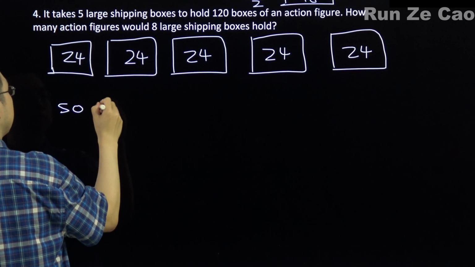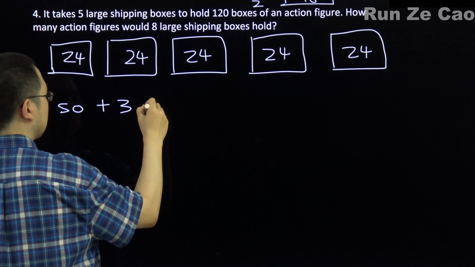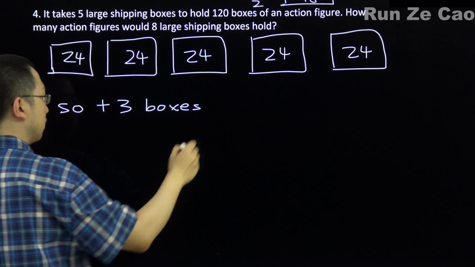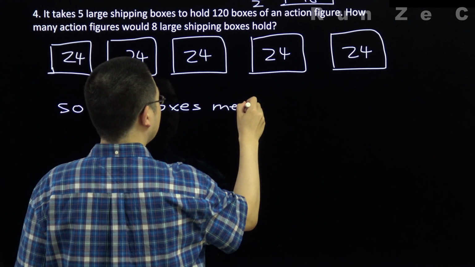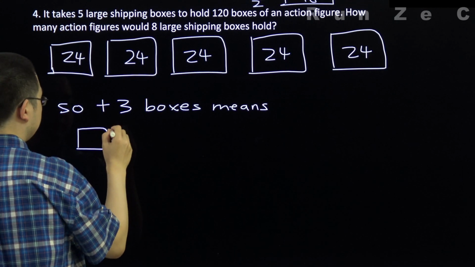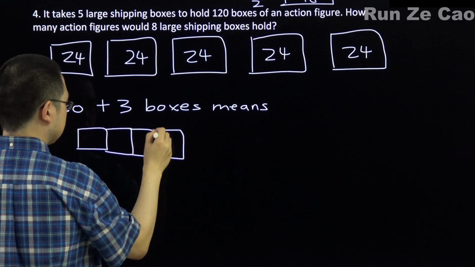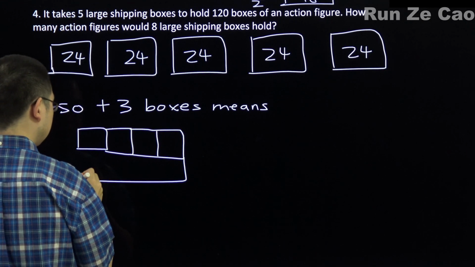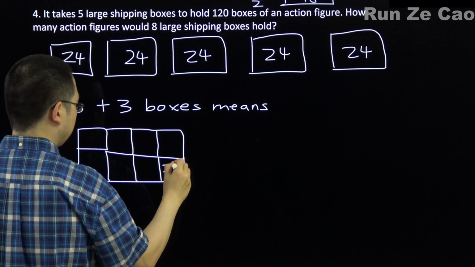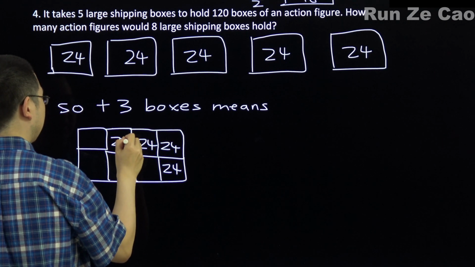So, plus 3 boxes means, actually, yeah, let's just do it this way. 24, 24, 24, 24.